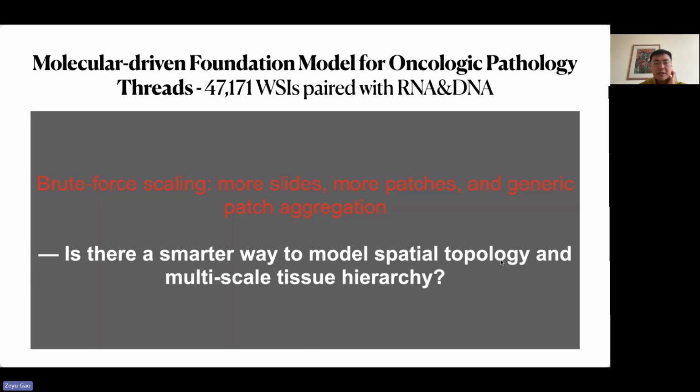And all those frameworks are just using more slides, more patches, and following the generic patch aggregation strategy, from patch to slide, the same general aggregation strategies. So we thought about whether there is a smarter way to model spatial topology and multi-scale tissue hierarchy during foundation model training.